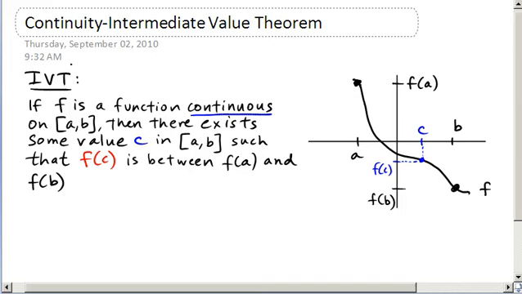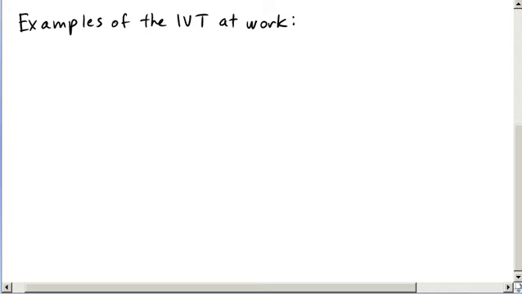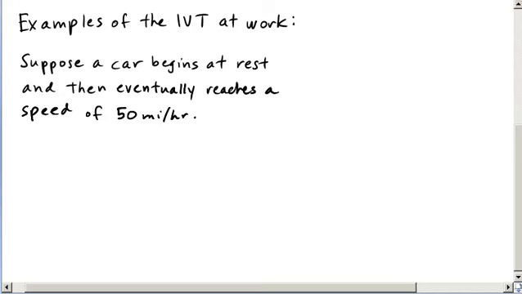Let's look at some examples of some realistic scenarios where we can see this intermediate value theorem at work. So suppose we've got a vehicle starting at an intersection and that eventually reaches a speed of 50 miles per hour. So we can plot this on a speed versus time graph here.